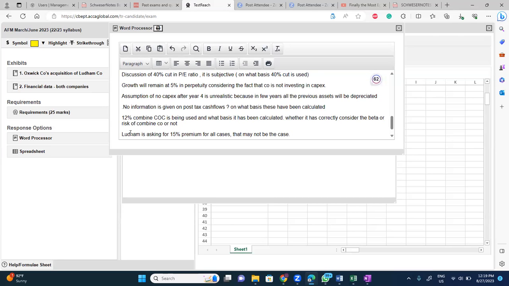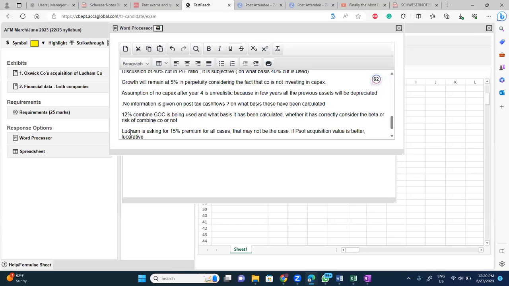Guys, are you getting this point? If the post-acquisition value is greater, is better, is lucrative, the target will demand more return.